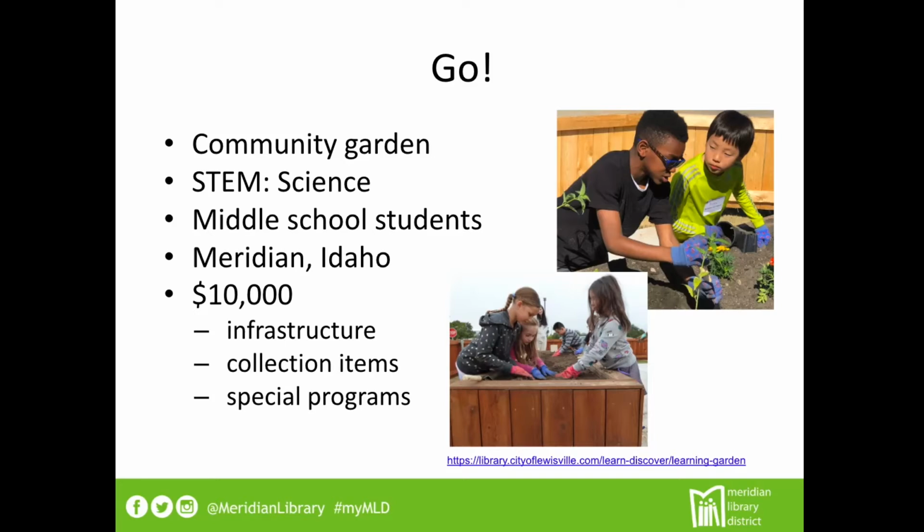And then we'd also like to host some special programs throughout the year as we are getting this community garden up and running. So we may need some funding to pay for some outside speakers to come and present. So this is kind of a framework of our project and who it will be aimed for and what we hope the impact will be.